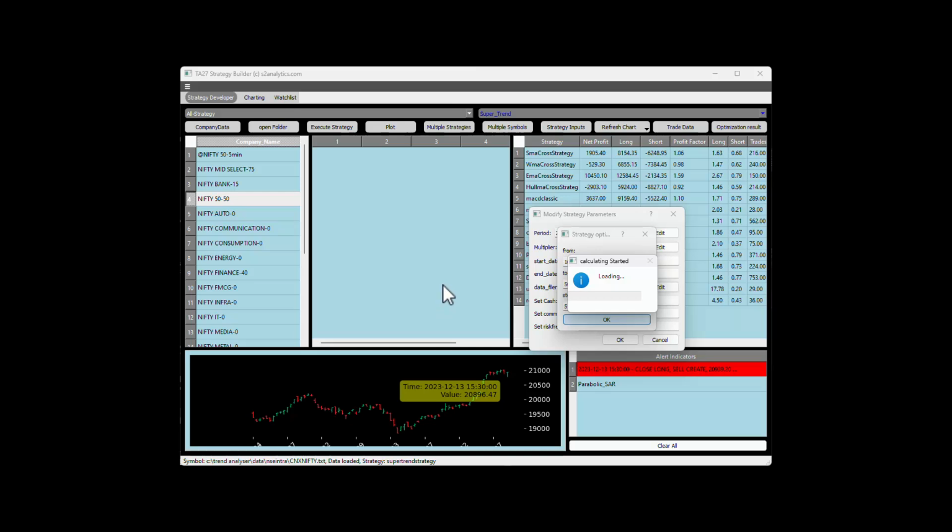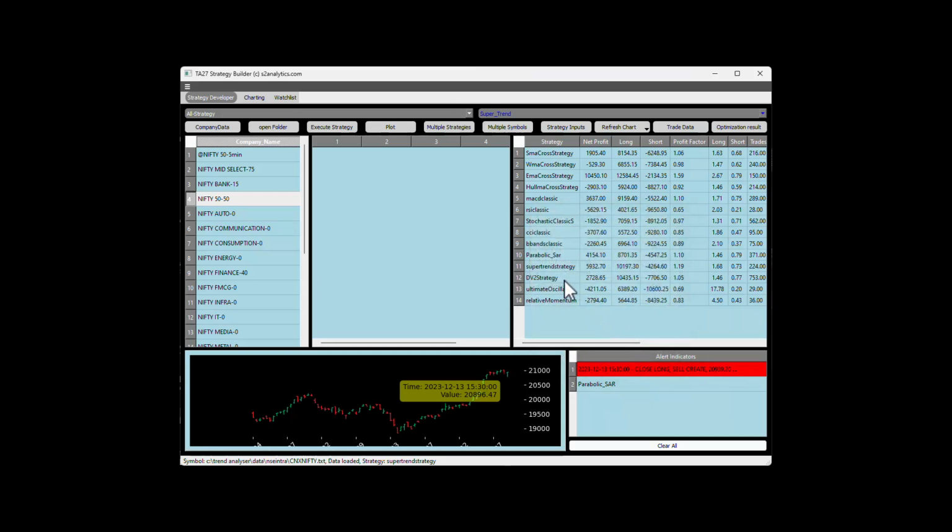We are using 21 and 21 gives us a good performance, but what is better? So the best optimization results come at 10. The value of 10 for Supertrend apparently gives us 12,000 points, which is better than the 10,000 we have got here.